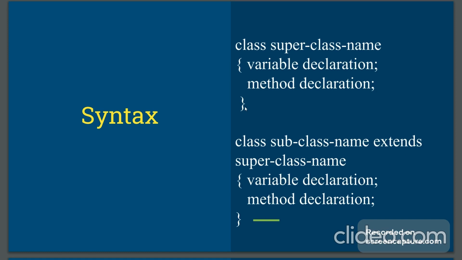But while writing a derived class, child class or subclass, there is a change in defining the class. Write class, subclass name, extends, name of the base class, and its own functionality like variables and methods, and closing of the bracket.